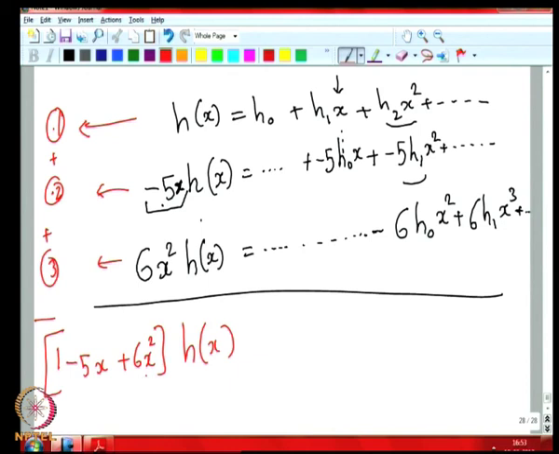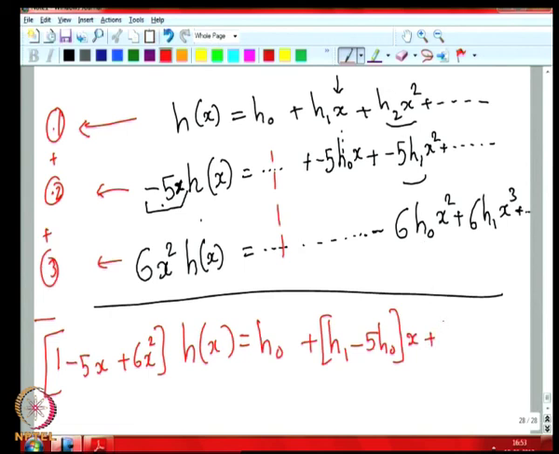This is what I get here. Here what do I get? I get h0 first because there is nothing below here, right. Here I get h1 minus 5h0 into x.